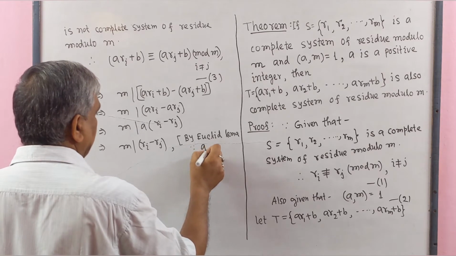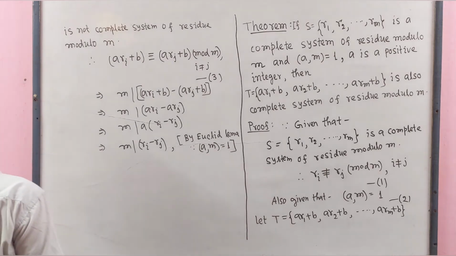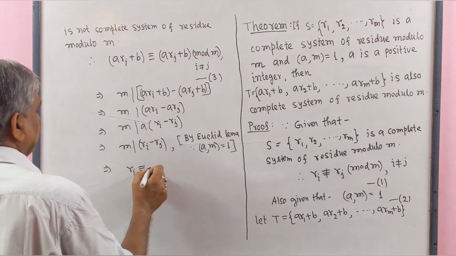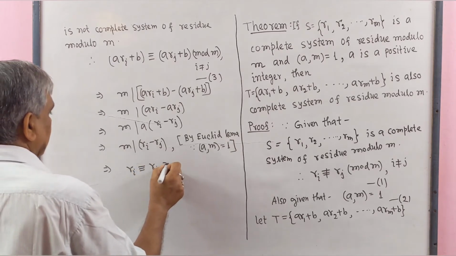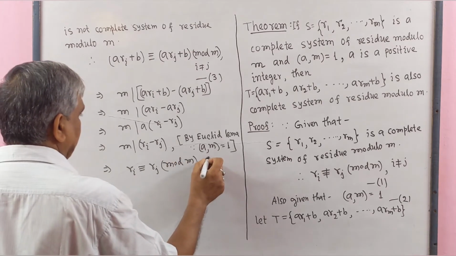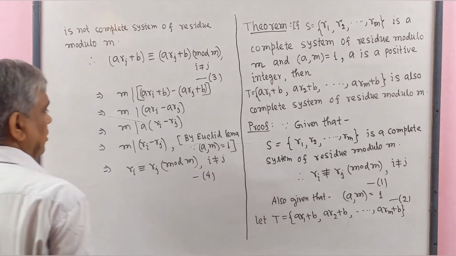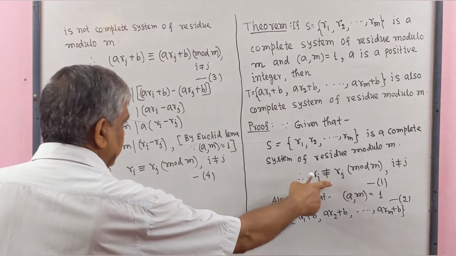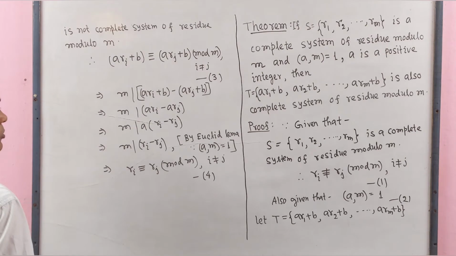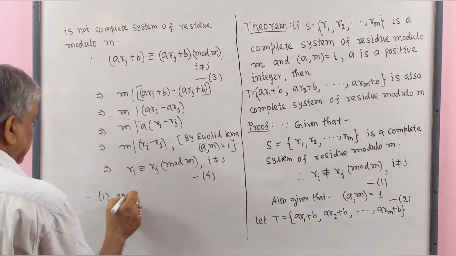Since GCD of A and M is 1, this means Ri is congruent to Rj modulo M for I not equal to j. This is number 4. Here we see that number 1 and number 4 contradict with each other.